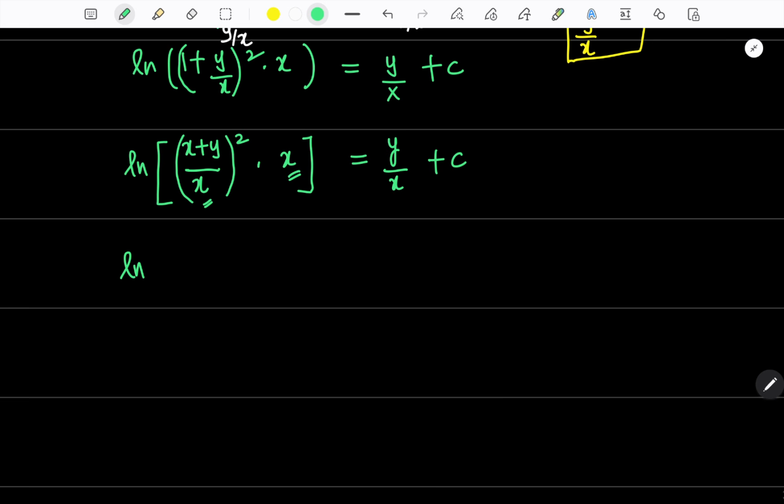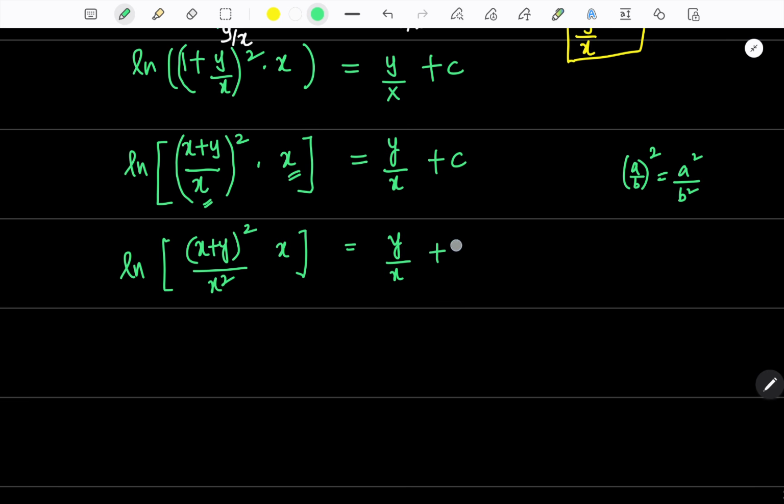There is x here and there is x here, and I want to cancel this. So I'm doing (x + y) the whole square divided by x square. If you have (a by b) the whole square, you can write a square divided by b square. The same idea I'm using.